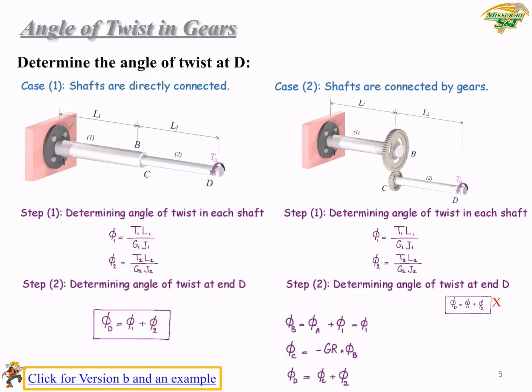This is phi C plus phi 2. Then when we combine the three equations, you get phi D equals phi 2 minus gear ratio times phi 1. So this is the equation you can use to determine the angle of twist at point D if C and B are connected by gears.